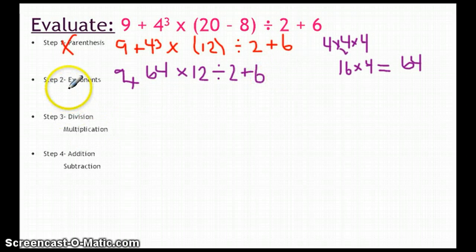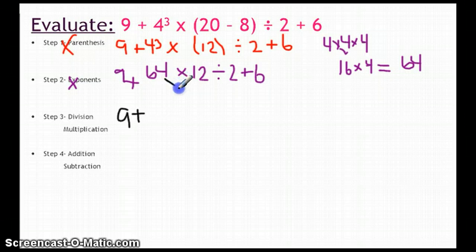Okay, do we have any more exponents? No. The next thing that PEMDAS tells us to do is to read from left to right, and see whether we can multiply or divide first. Okay, so we won't need to deal with that 9.